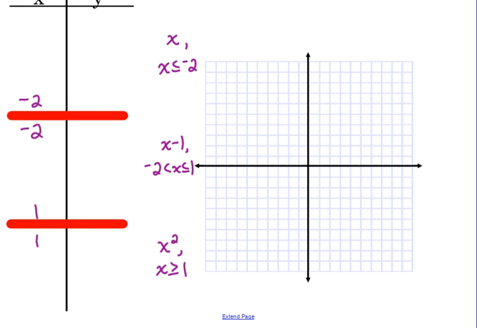Okay, so let's pick some x values here to fill in our table. So we need to go less than negative 2 over here. So I'm going to go up to negative 5. And then negative 1 and 0. And then 1, 2, 3, 4.